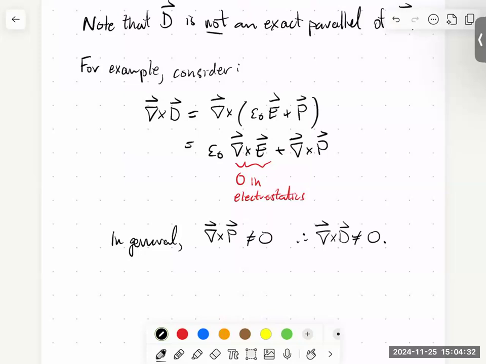And what the curl of E equal to 0 allowed us to do was to write a scalar potential for the electric field. So there is no corresponding scalar potential for the electric displacement. So there's no scalar potential for D.